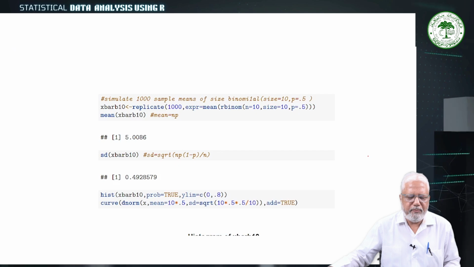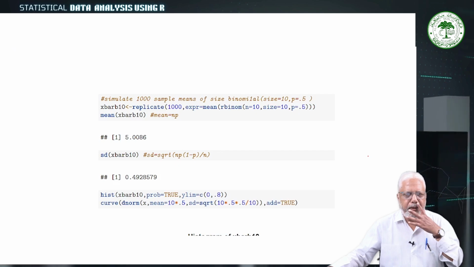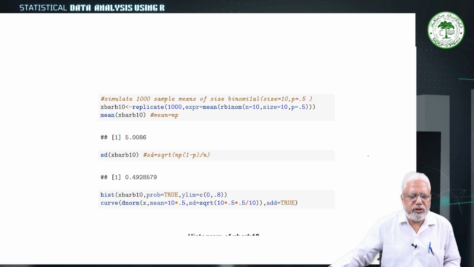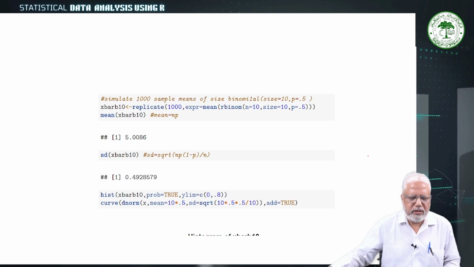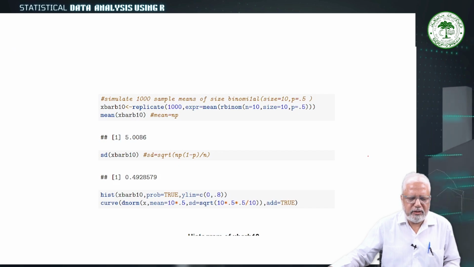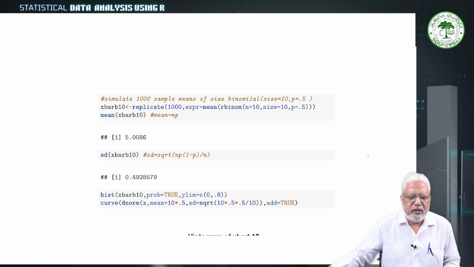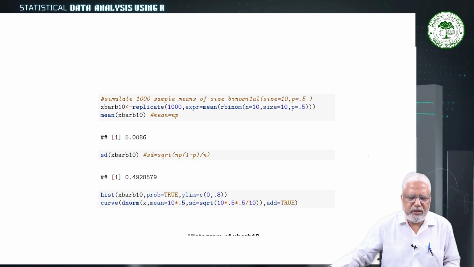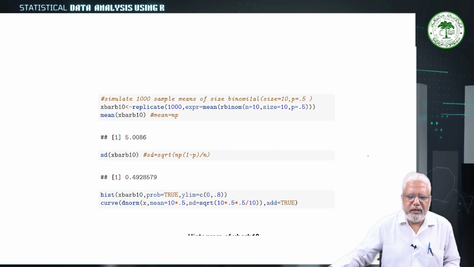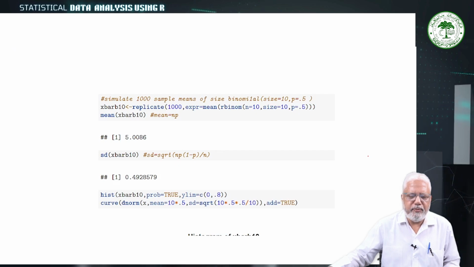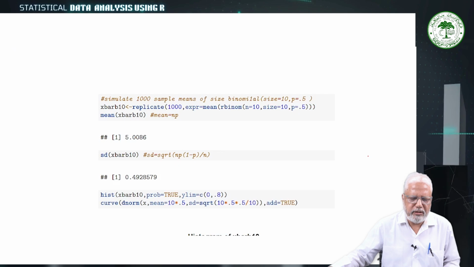Now, we are making a histogram on the basis of this simulated data. hist(x bar 10), this histogram is based on 1000 sample means generated by the function replicate.